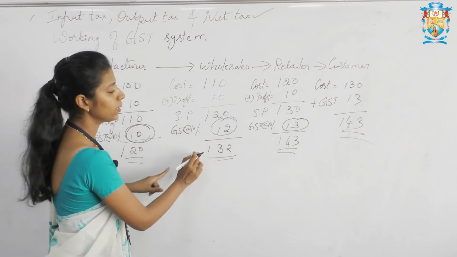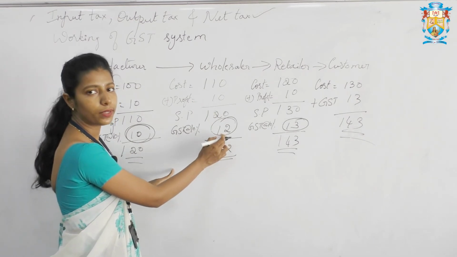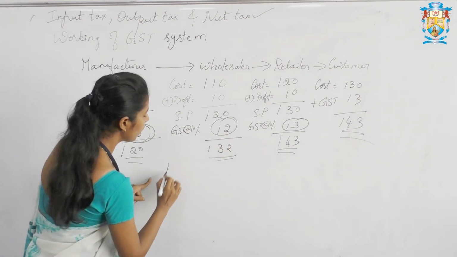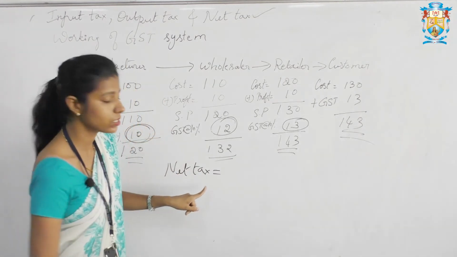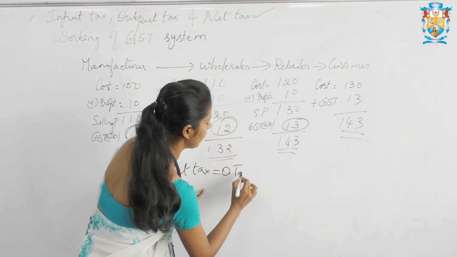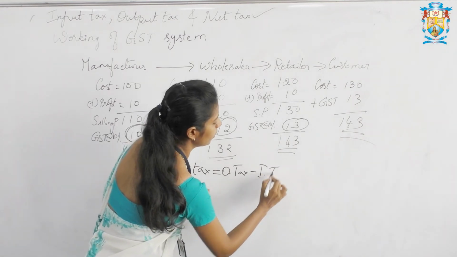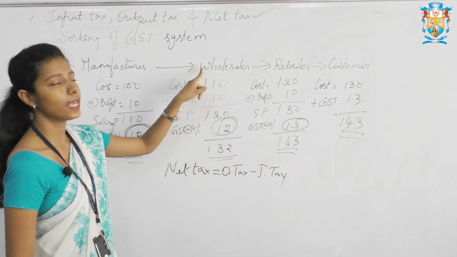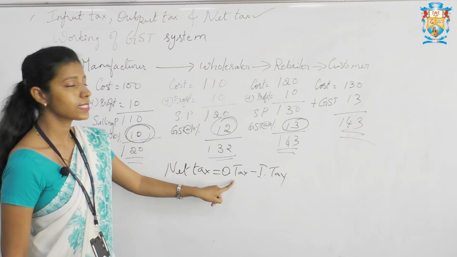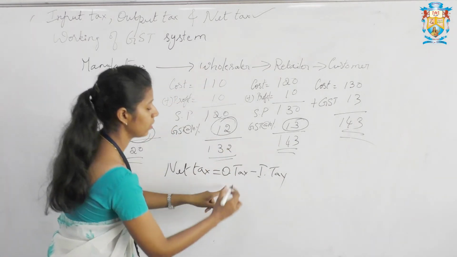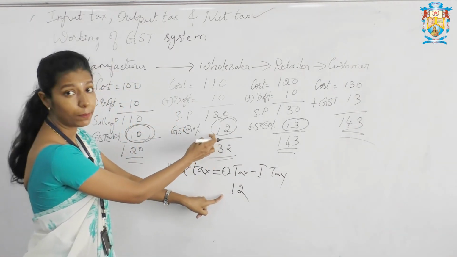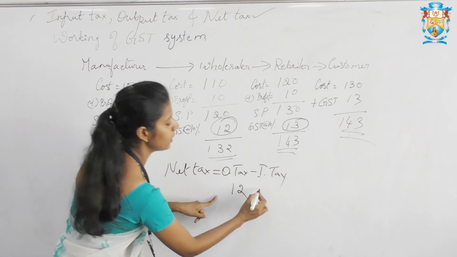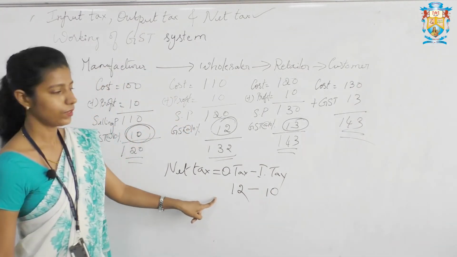Coming to the wholesaler here, he has collected the output tax of 12. There is a formula for net tax, that is, net tax is equal to output tax minus input tax. Let's take the example of the wholesaler. He has collected the output tax of 12 and he has paid input tax to the manufacturer, that is 10.